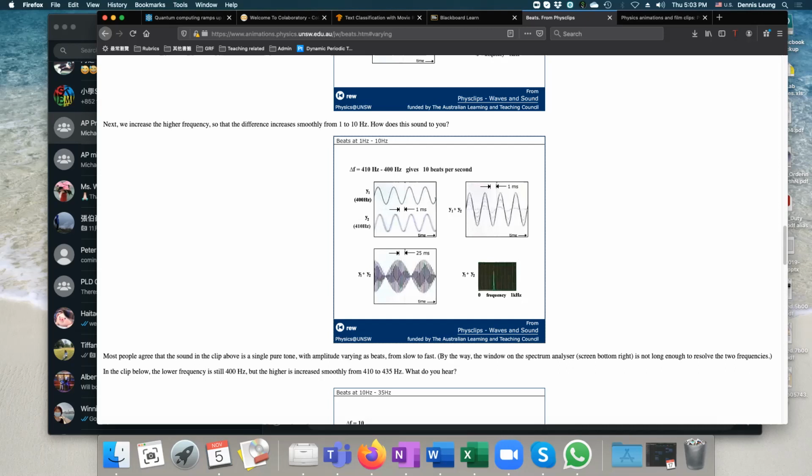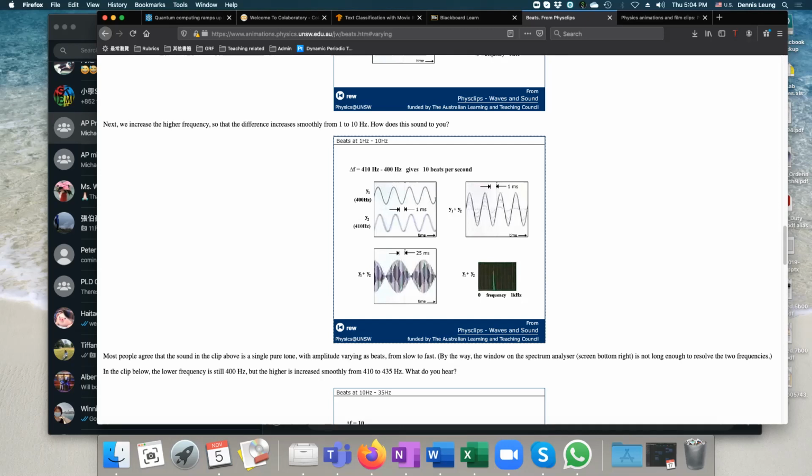So if you have, say, a frequency of one sound being 400 Hertz and the other one is 401 Hertz, you could hear the beats. And quite interestingly, the beats frequency is actually the difference of the frequencies in the two sounds. So if one is 400, the other is 401, then you have the beat frequency that is equal to F1 minus F2, which is 1 Hertz.